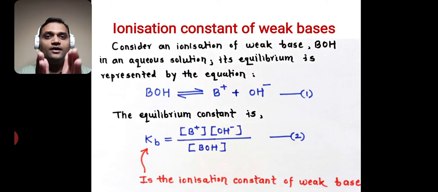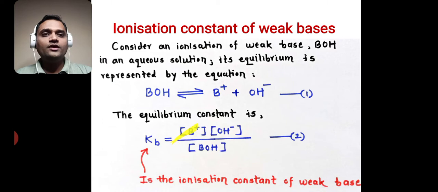So this is the definition of the ionization constant of weak base. It is equal to the product of the molar concentration of cation and the molar concentration of hydroxyl ion divided by the molar concentration of undissociated base.